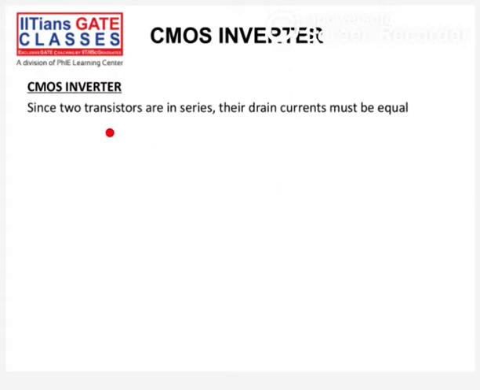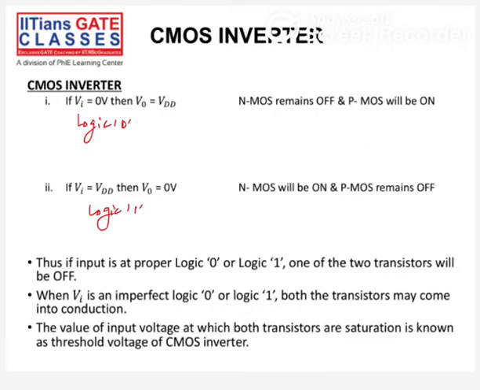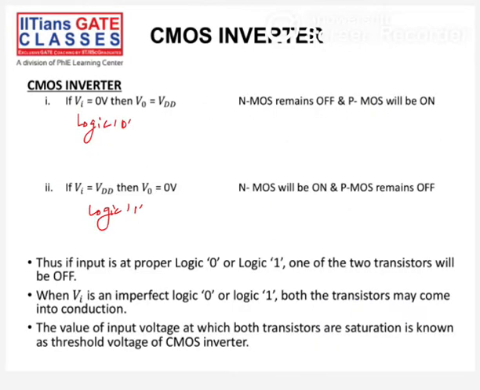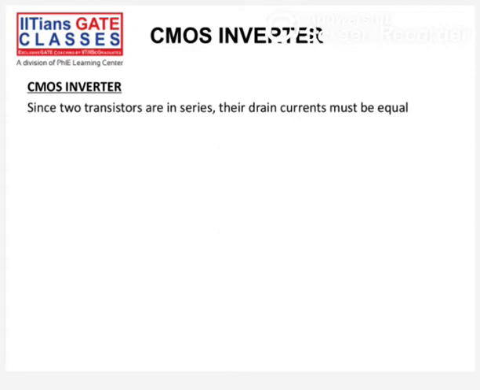So here, since two transistors are in series, we have seen in the CMOS inverter that their drain currents must be equal. Definitely, if these two transistors are in series, whatever drain current is here, the same drain current will be for this NMOS. So the drain current for both will be equal.